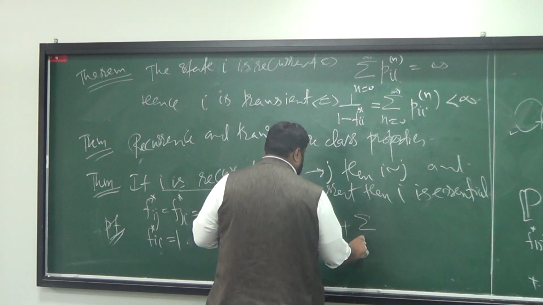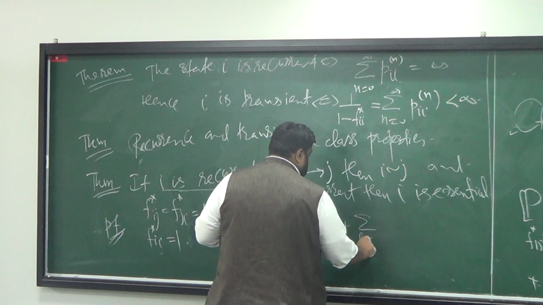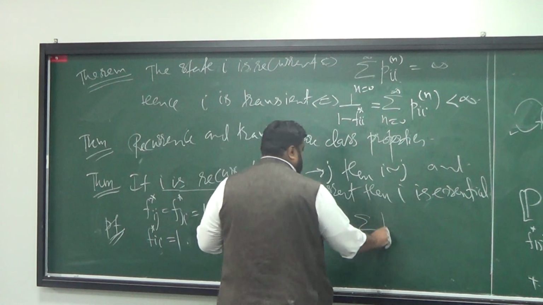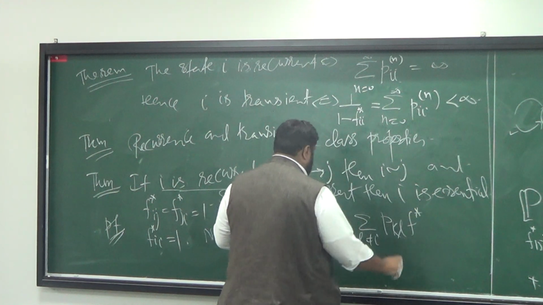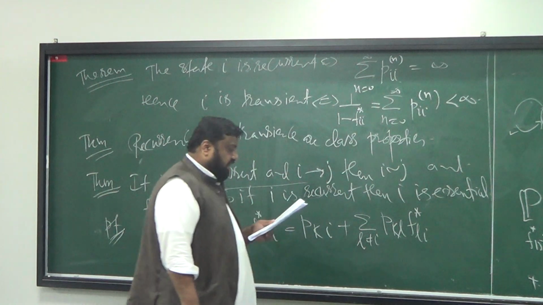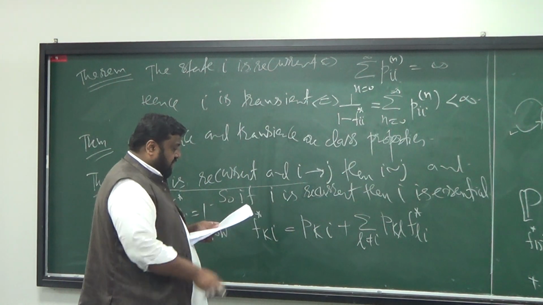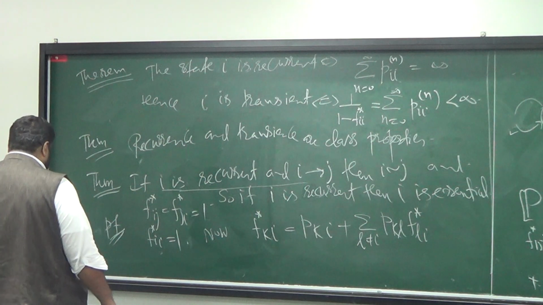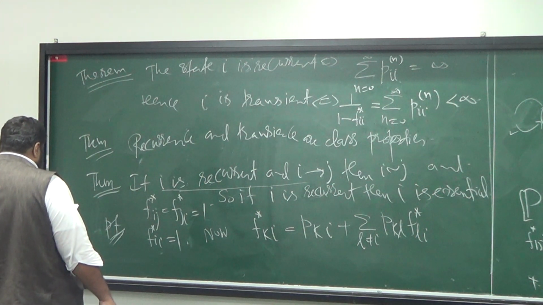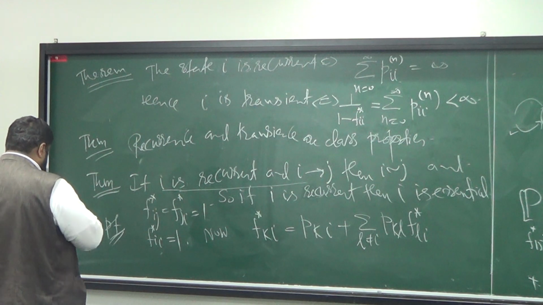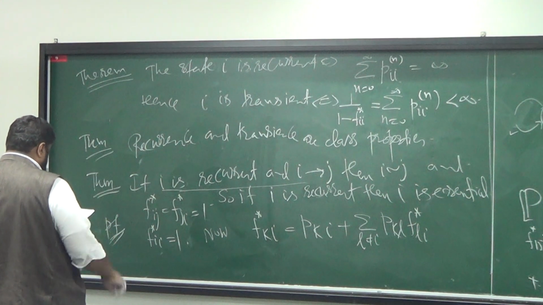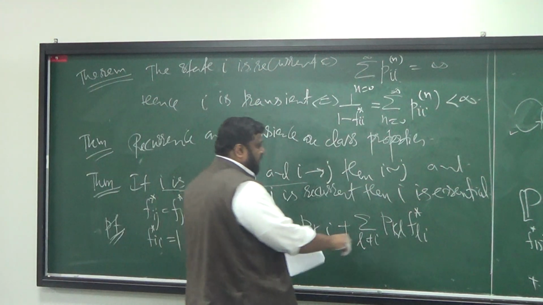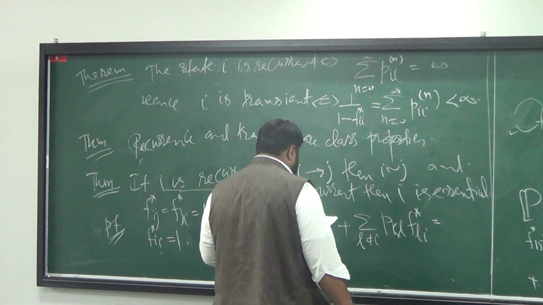the summation over L that are different from I, of PKL and F star LI. So this is going to be the sum. Now, what can I do? By the way, can I combine them into a single sum?